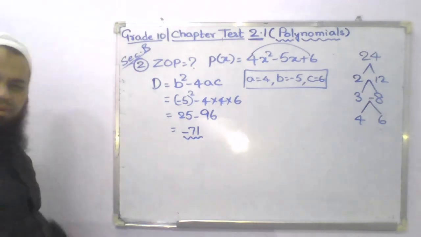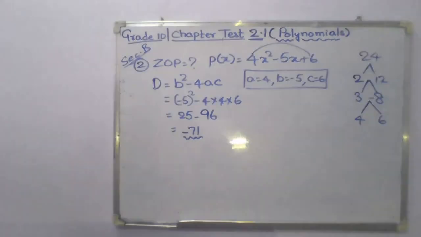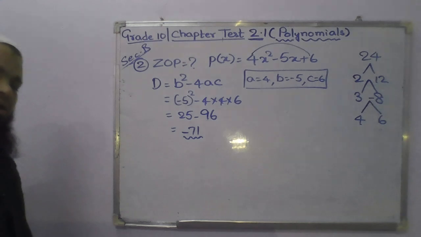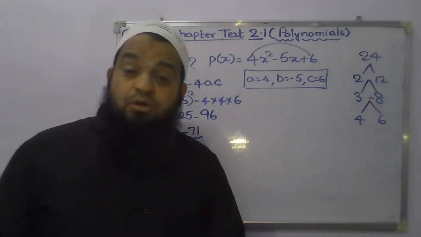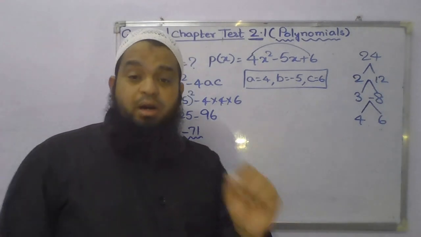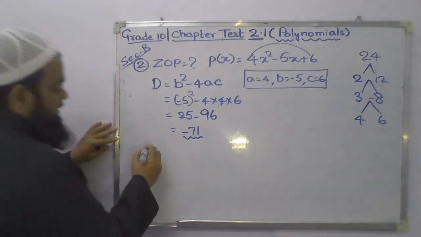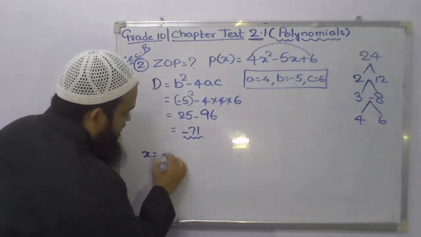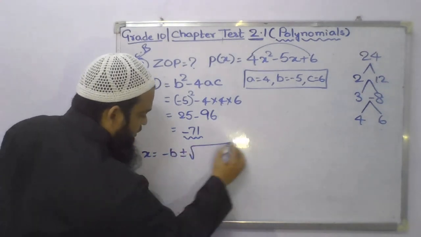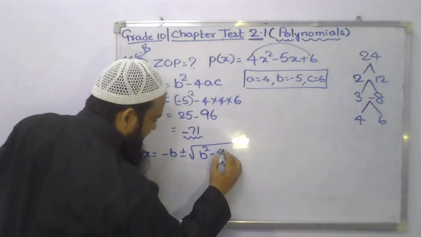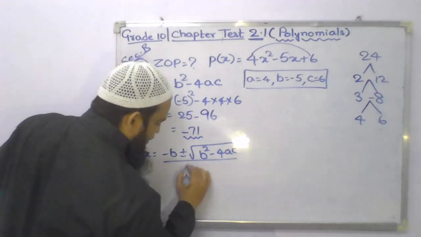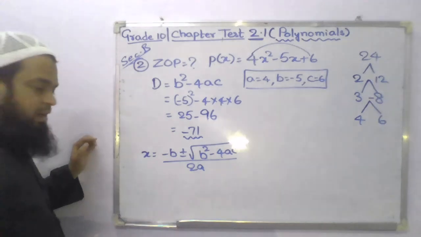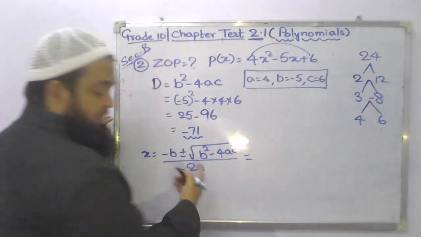So since it is minus 71, what do you have? You will have zeros, but which zeros you will have? You will have non-real roots, right? So let us find out. x is equal to minus b plus or minus square root of b square minus 4ac divided by 2a. You will have imaginary roots, right?